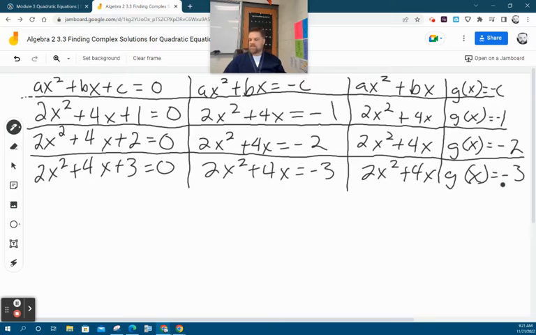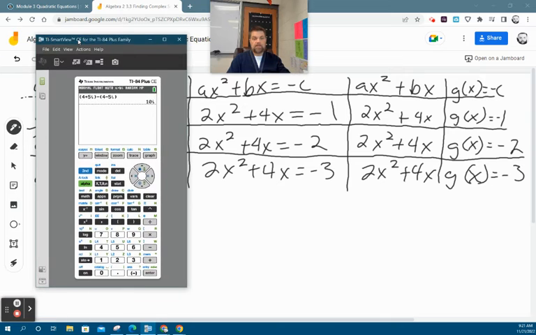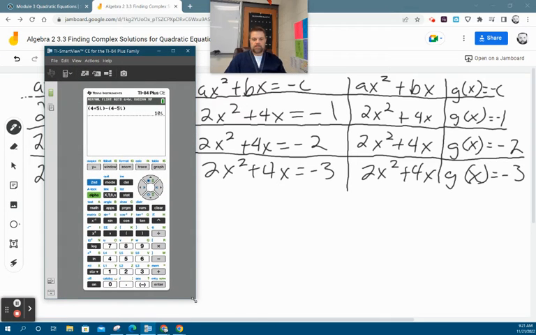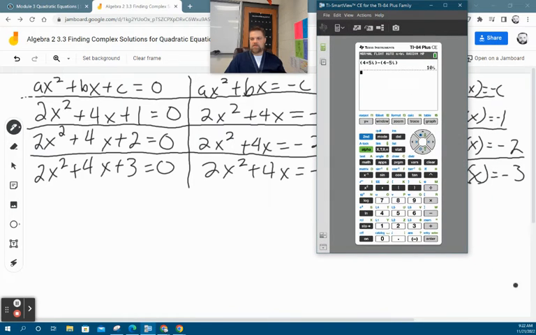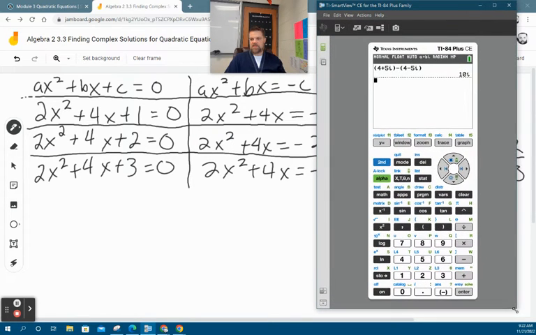So let's graph this. So turn on your graphing calculator. And let's see what the big deal is about. What's the big deal with all this stuff?